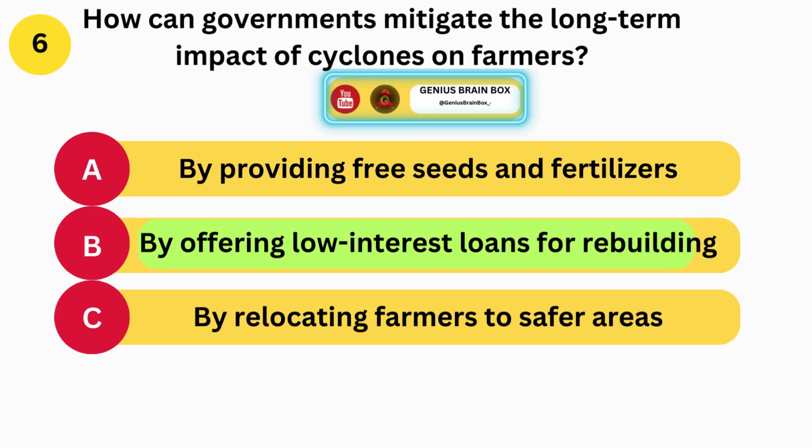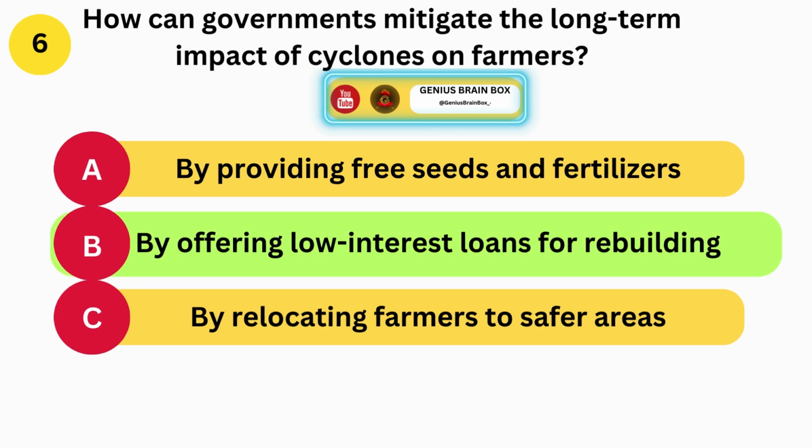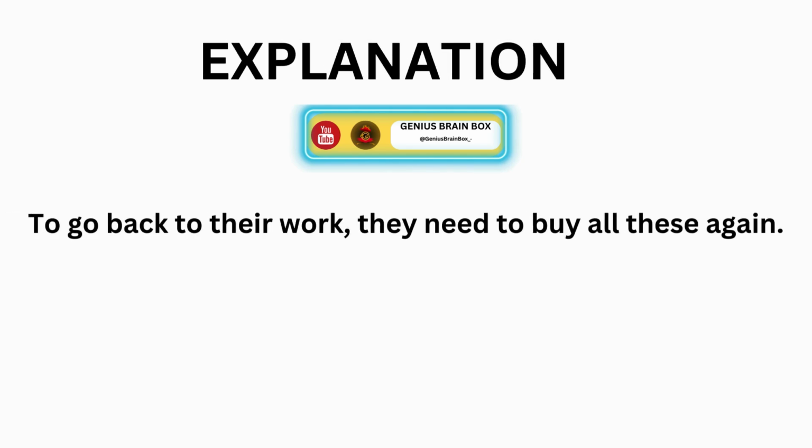Correct answer is... Explanation. To go back to their work, they need to buy all these again.